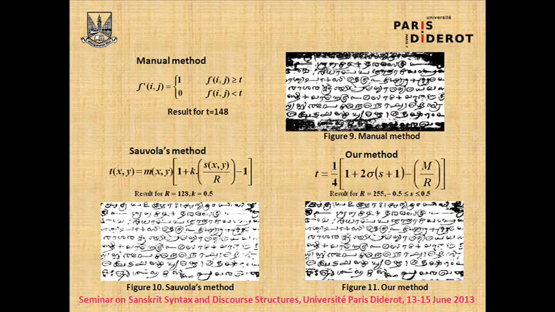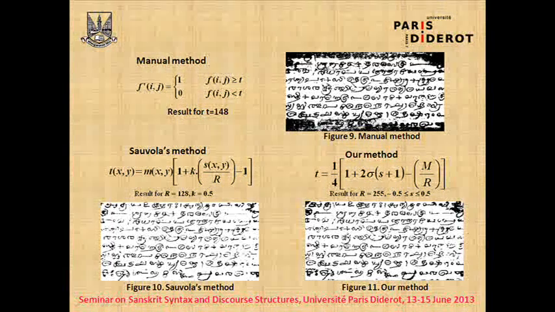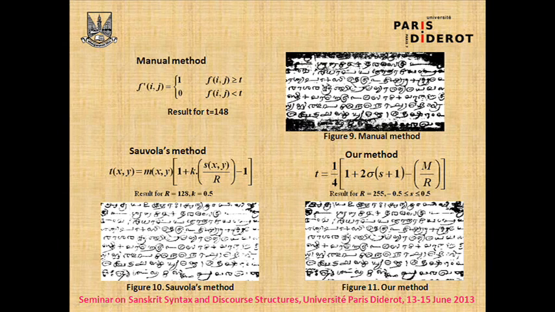M is the mean and sigma is the standard deviation of the gray intensities of the pixels in the portion under consideration. The constant of adjustment S takes the value minus 0.5 if the background is dark and plus 0.5 in the case of the other extreme. R is the maximum gray intensity in the picture.